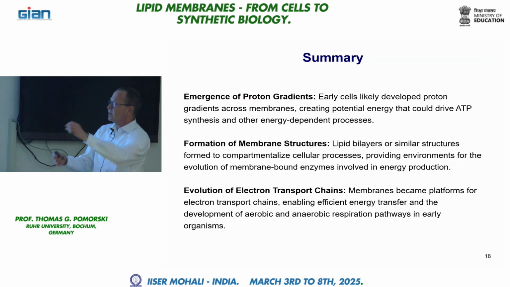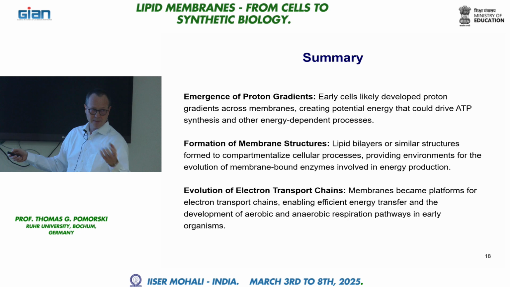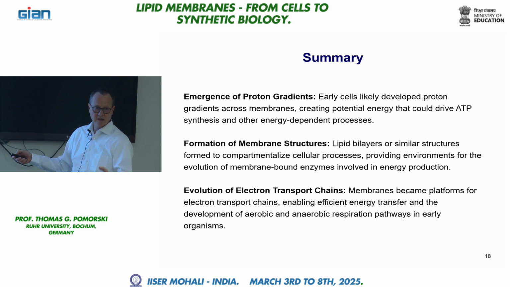Yeah, with this, I would like to end. Just to remind you, probably the first membranes were used to allow the generation of proton gradients. And these proton gradients were the basis to generate ATP and to allow the uptake of substances by so-called secondary active transporters.